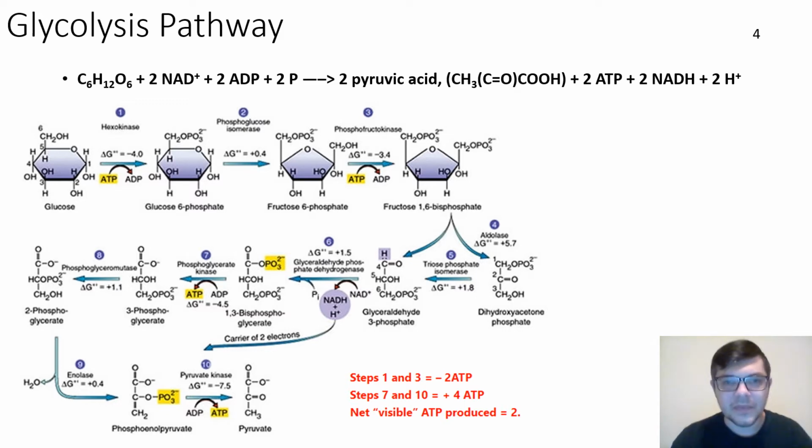So it's going to be one of those important steps. All right. And also the very last step has a delta G of -7.5. Now I do want to point out that those numbers can essentially be changed due to cellular conditions, but these are just some, I guess, accepted values.